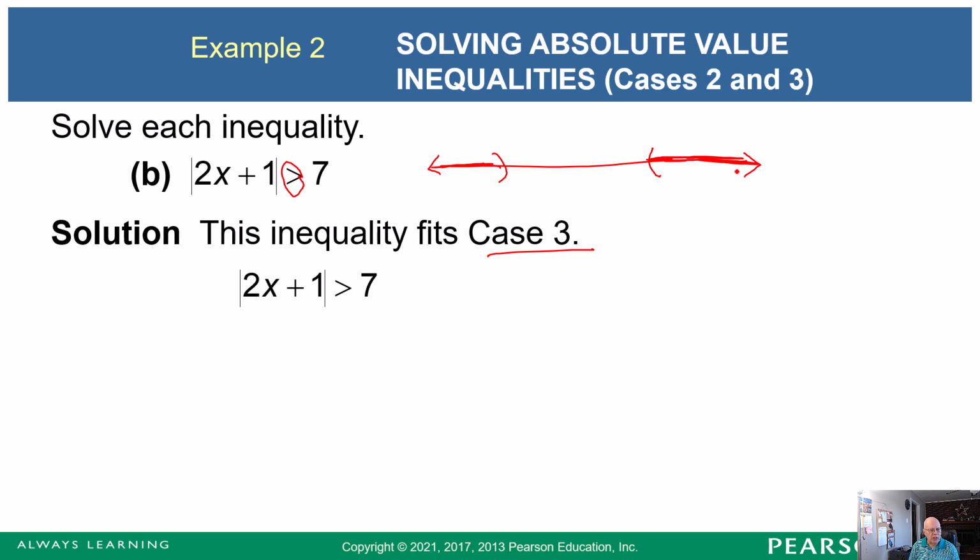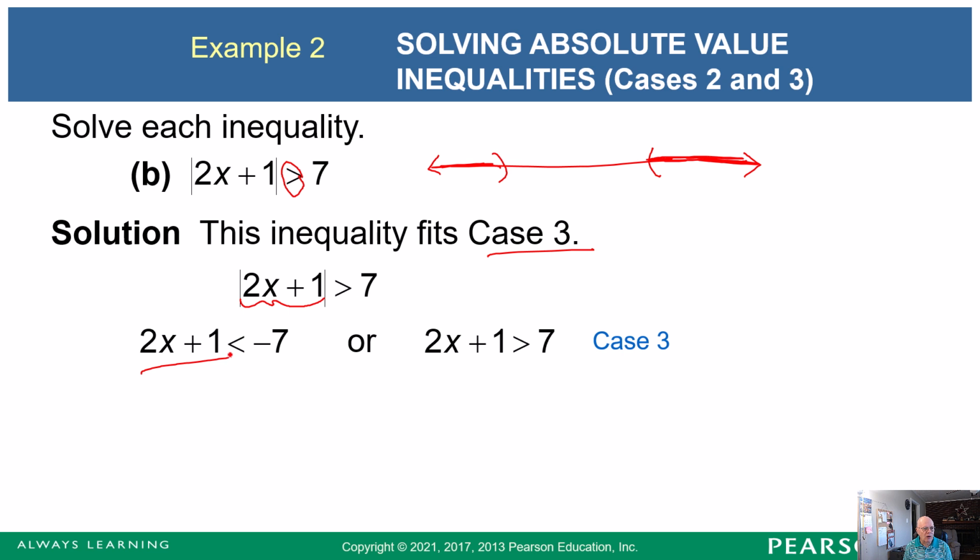So, it's less than -7, greater than +7. Well, that makes sense, right? Remember, this is going to be bigger than 7. So this would have to be bigger negative-wise than -7, and this would have to be bigger than a +7.